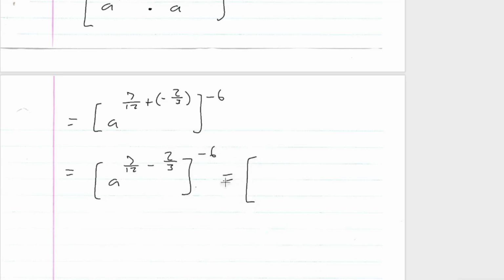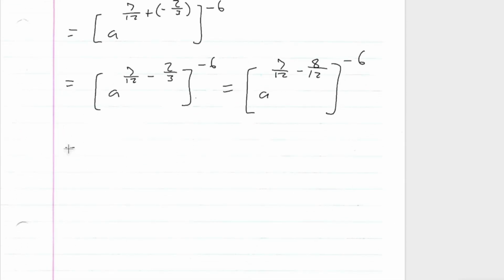And then we can rewrite this as a to the 7 over 12 minus 2/3. If we want a common denominator of 12, we can do 8 over 12, right? 8 over 12 is the same thing as 2/3, right? Raised to the -6. And now we have a, so this would be -1 over 12 raised to the -6.